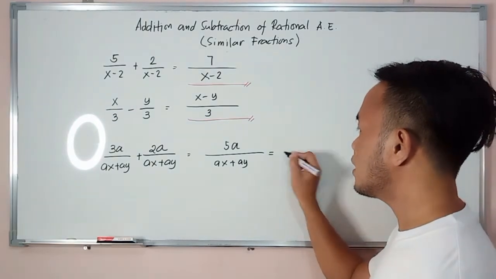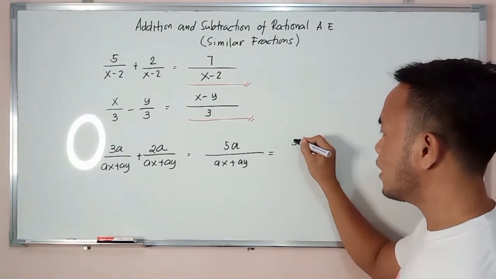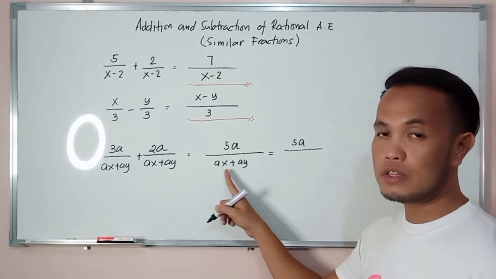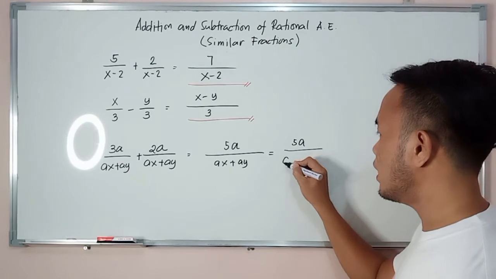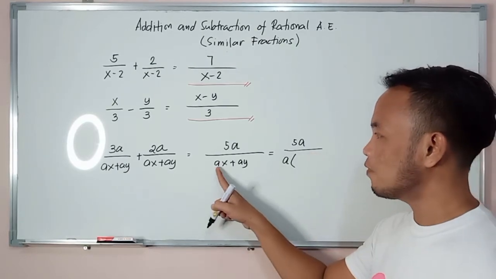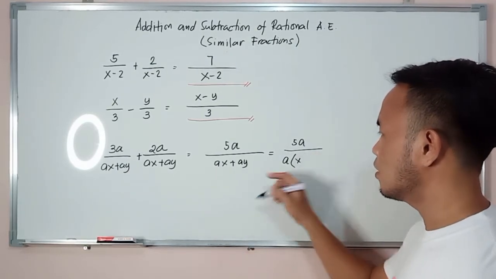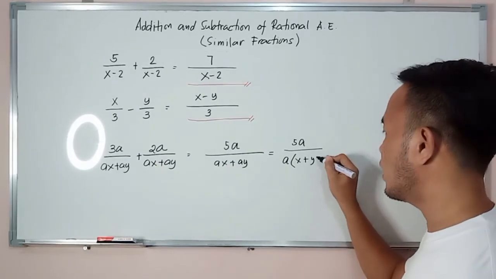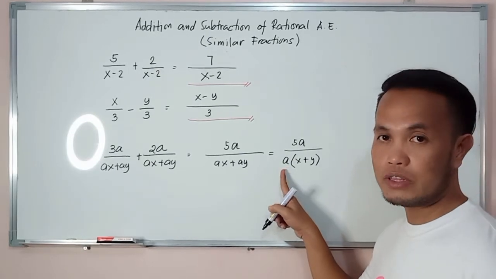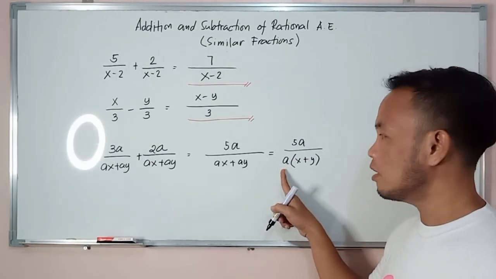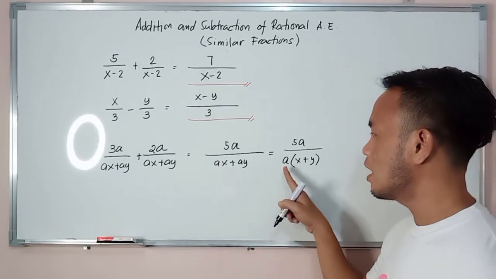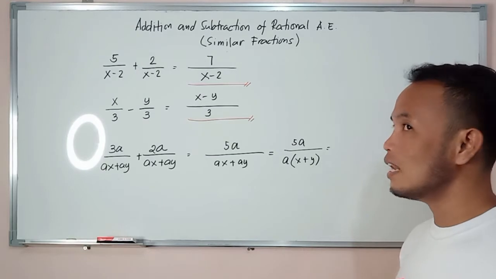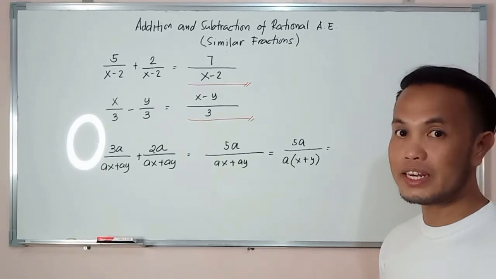We copy the numerator 5a over a times, and what remains for ax is only the x. We copy the plus, and what remains for ay is only the y, because we already factored out the a. If we multiply a times x, that is ax, and a times y, that is ay. The next step is to cancel out the common factors in the numerator and denominator.